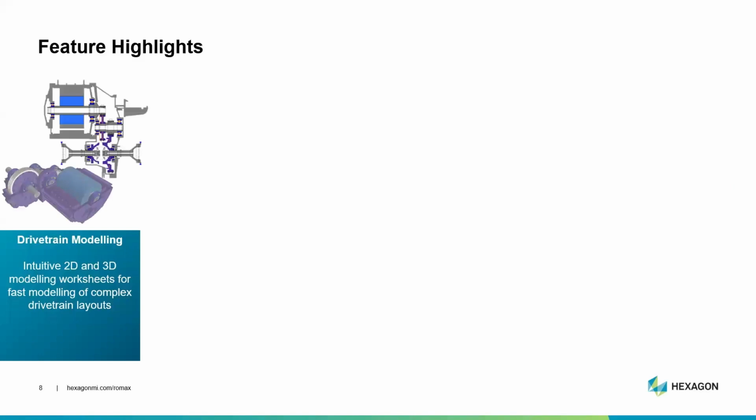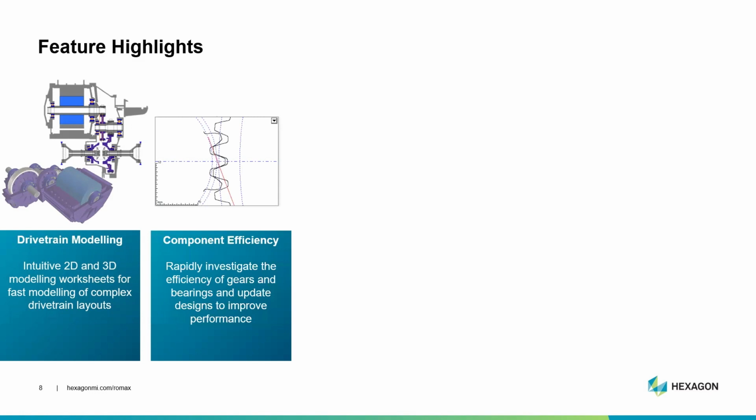Key features to achieve this: easy drivetrain modeling, very intuitive 2D and 3D modeling, which means the user can get started, build Romax models of complex drivetrains very quickly. Component efficiency models to evaluate the efficiency of gears and bearings.